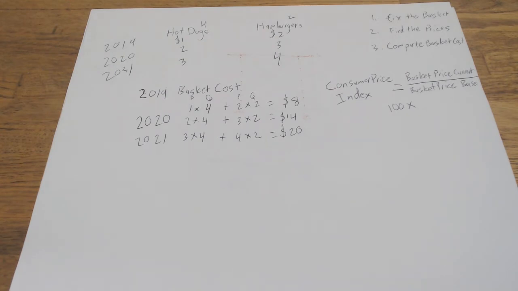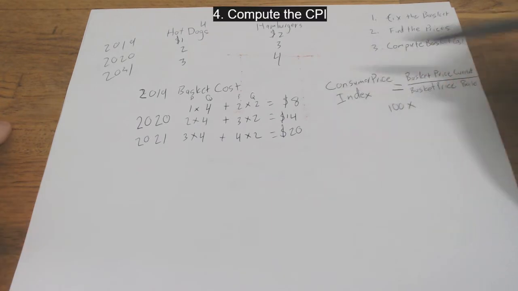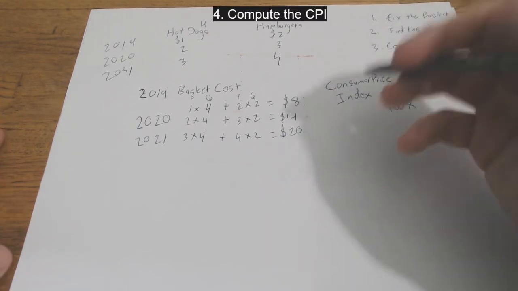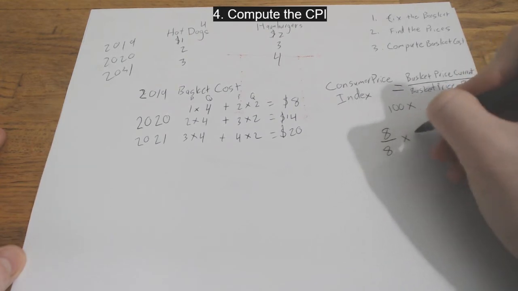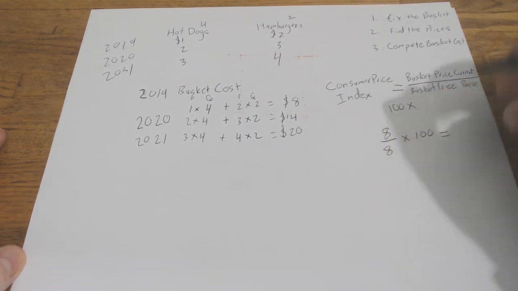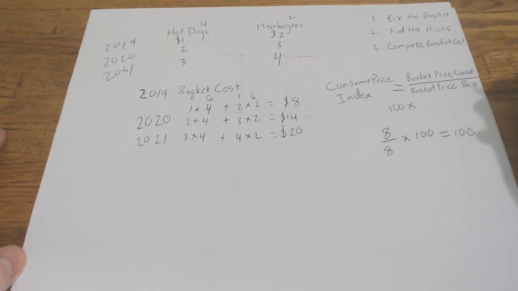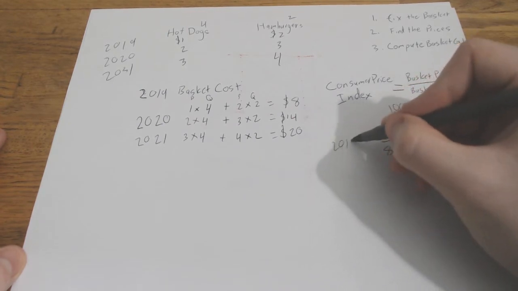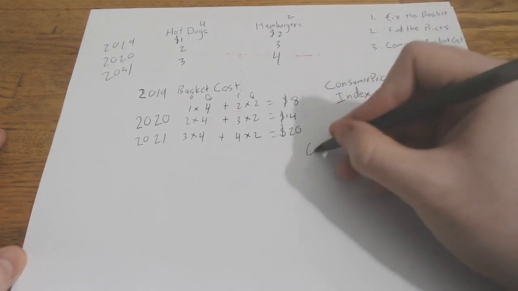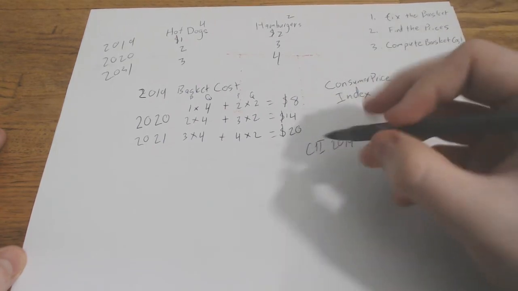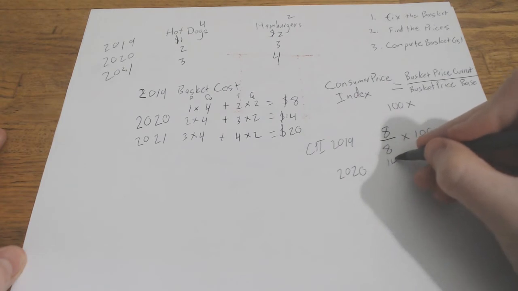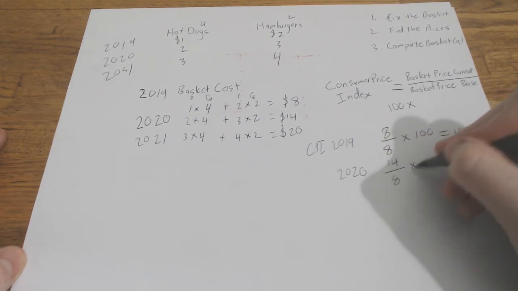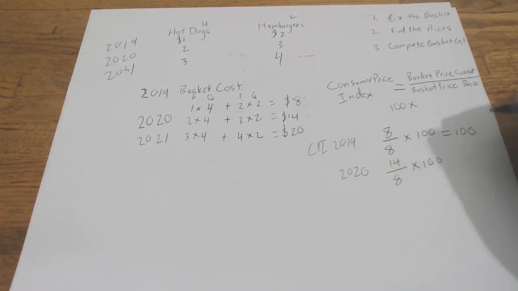So let's do that for 2019. The basket in the current year, which is going to be 2019, divided by the base year, we decided it was 2019. So it's going to be 8 over 8 times 100. It's going to be equal to 100. So this is the 2019 CPI. Let's do 2020, which is going to be 14 over 8 times 100.